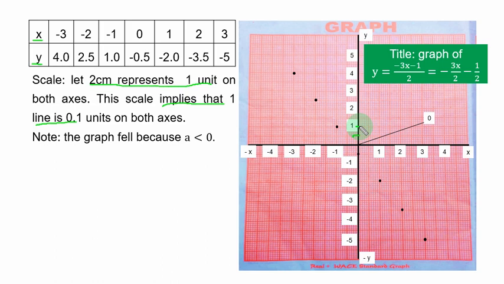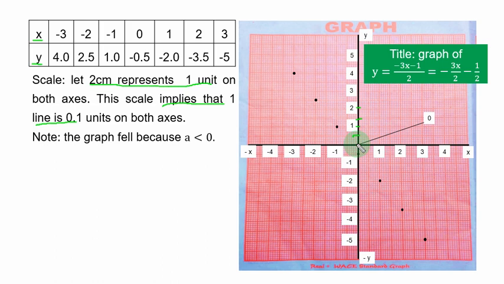So my scale states that 2 cm, that is, I should combine two squares and give it 1 unit. So you have 1, 2 is 1, the next 1, 2 becomes 2, the next 1, 2 is 3, the next 1, 2 is 4, and so on. So from the origin, up of y and right of s, you have positive values. From the origin, down of y and left of s, you have negative values.